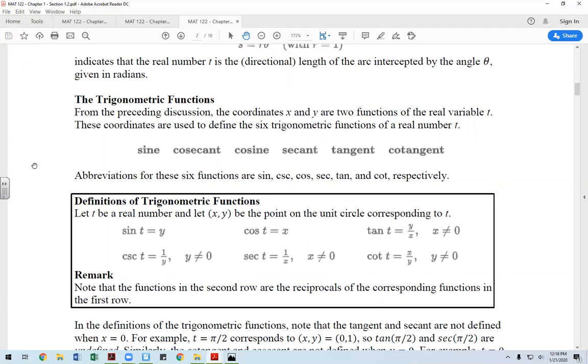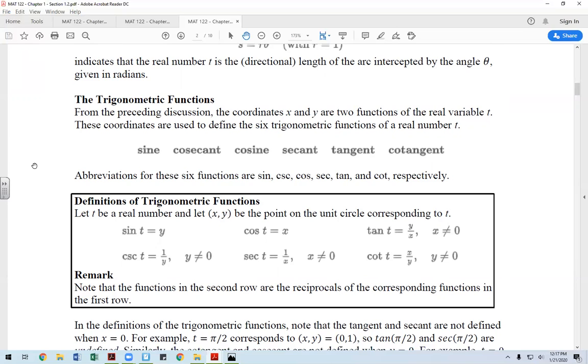So you can see those trigonometric functions are sine, cosecant, cosine, secant, tangent, and cotangent. Of course, your 3 main functions are your sine, cosine, and tangent, and their reciprocals are the cosecant, secant, and cotangent, and you can see the abbreviations for all of those functions right here underneath where we're defining these.